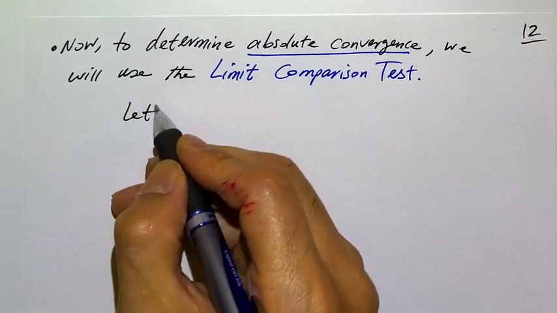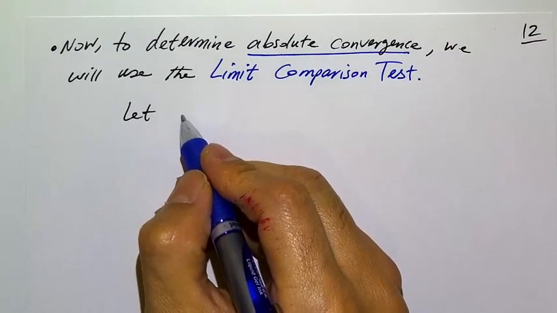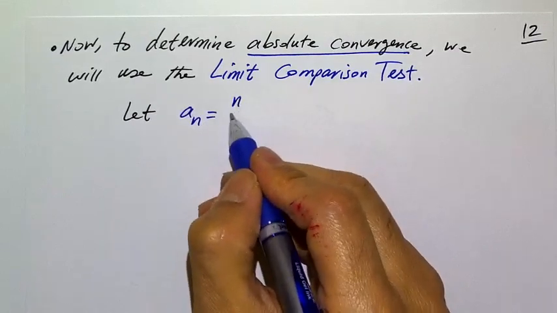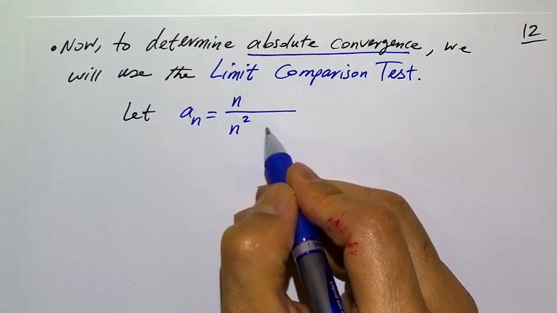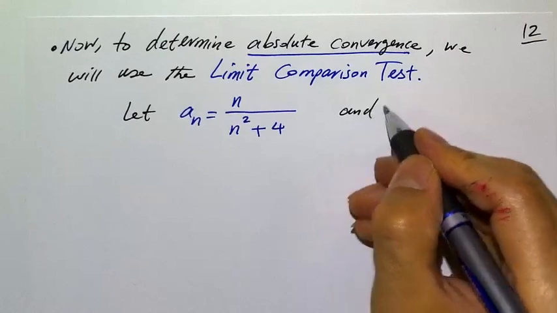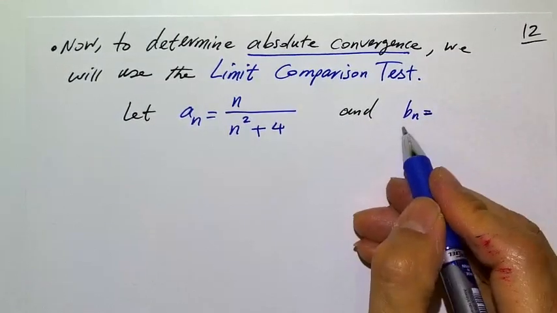Okay, so for the limit comparison test, we have to establish an and bn. So let us take an as the bn's that we already have here, and we will pick our bn's. The bn's are up to us to pick.